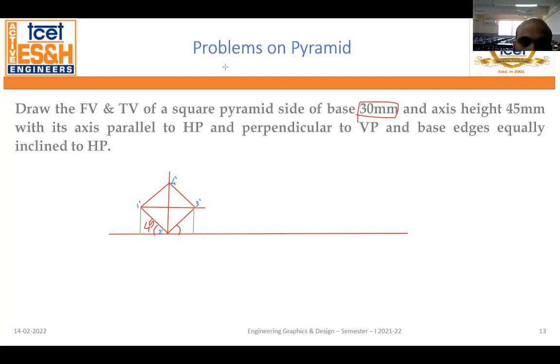The projections what you are getting here, I'll write it as 1. And here what I'm getting is 3. Here I'll write down the projection as 2.